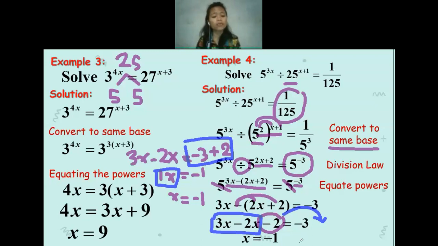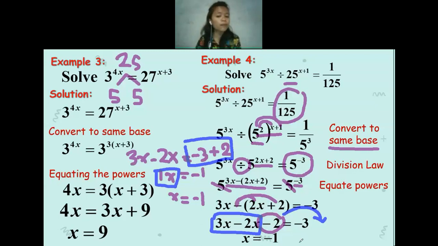Is there anyone having any question? Or can you tell me which part you are still confused about? Which part is confusing for you? The first line, second line, third line, fourth line, fifth line, or which line in the solution part? In here, we always have to make everything into the same base.